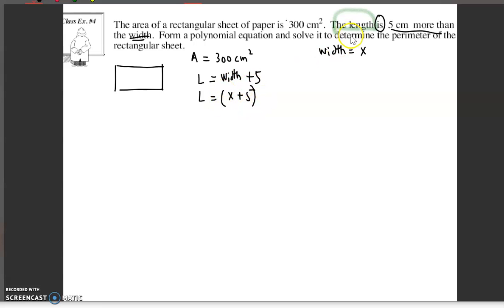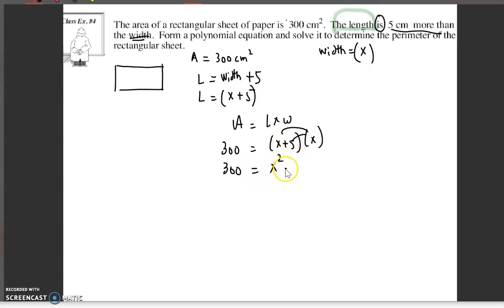So this is my length, this is my width, and area is length times width. So 300 is equal to x plus 5 times x. So remember what I said, expand out everything. So it becomes x squared plus 5x. Bring everything to one side. I'm just going to take the 300 to the other side.